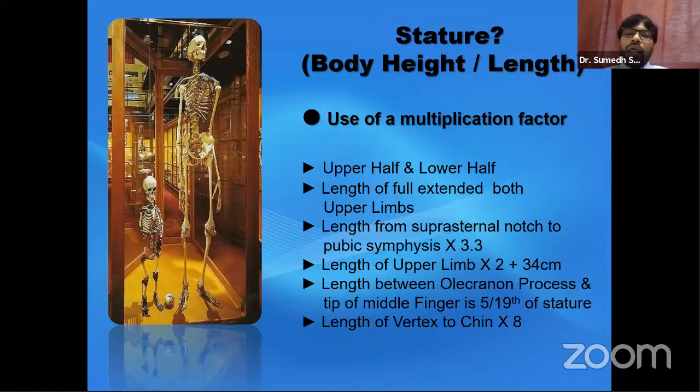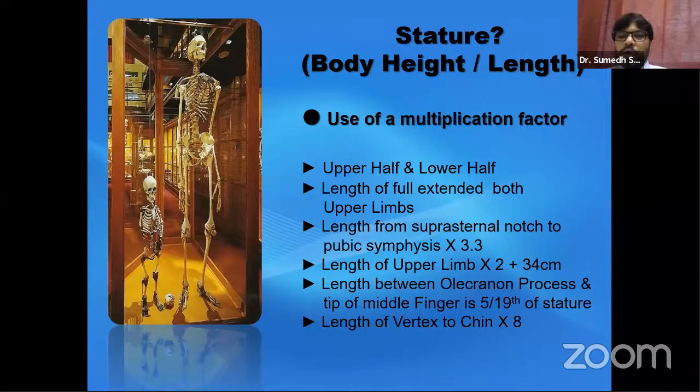If you are going to calculate the upper half and lower half, the upper half is up to the upper border of the pubic symphysis, and the lower half is below the pubic symphysis up to the foot. So why do you need to know this upper half and lower half?